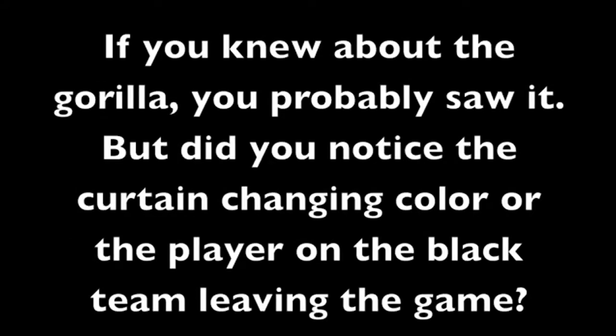The correct answer is 16 passes. Did you spot the gorilla? For people who haven't seen or heard about a video like this before, about half miss the gorilla. If you knew about the gorilla, you probably saw it, but did you notice the curtain changing color or the player on the black team leaving the game? Let's rewind and watch it again.